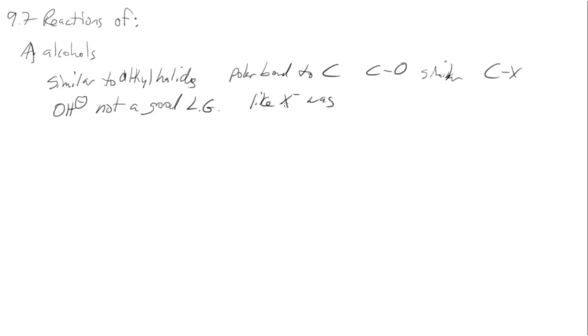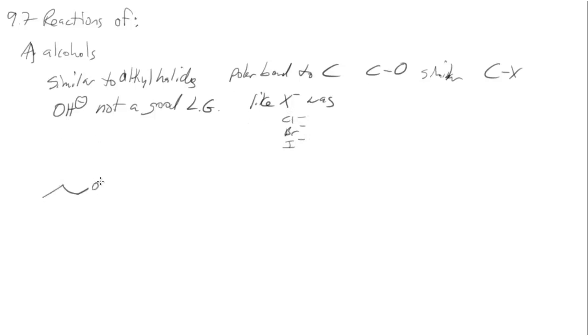Remember, the halogens, the conjugate acids of them have pKa's in the -7 to -10 range. The hydroxide, the conjugate acid, is water, which has a pKa of 15.74. So even the worst halogen leaving group, which is chloride, we did chloride, bromide, and iodide, even the chloride is 10 to the 22 times better leaving group than hydroxide.